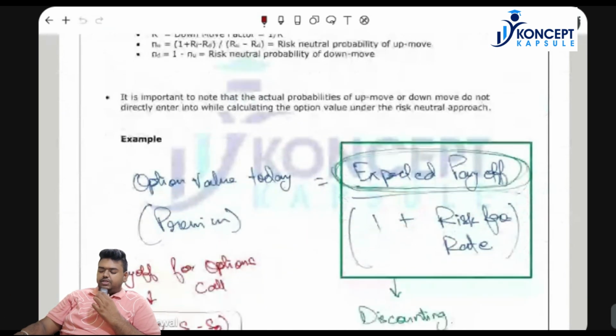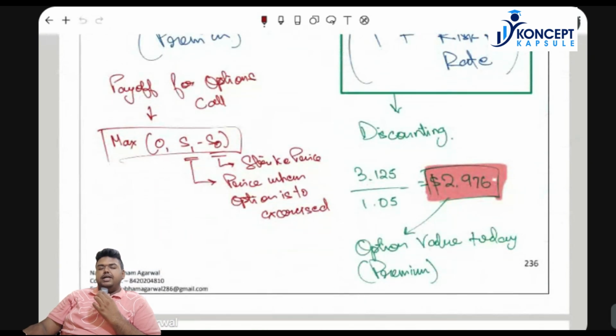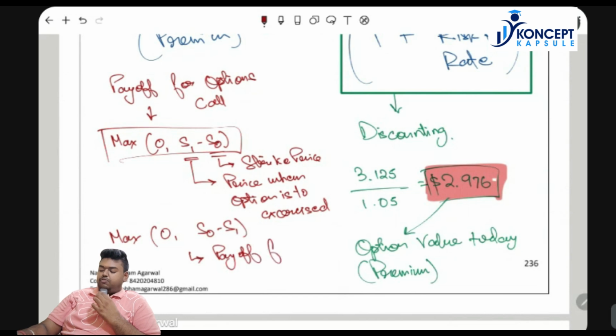Similarly, you have the put option as well. In a similar manner, you have maximum of 0, comma S0 minus S1, the payoff for a put option.